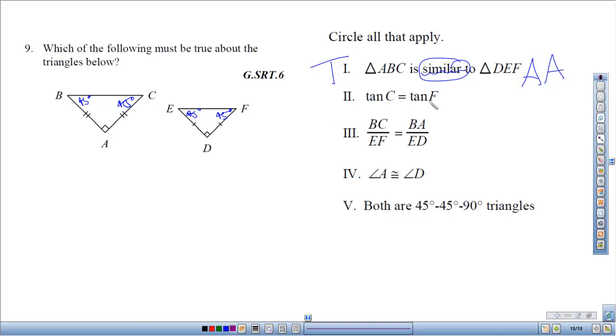All right, here's what I'm going to do on this one. Let's see. Tangent of angle C. What is tangent? It's SOHCAHTOA. So that is opposite over adjacent, right?